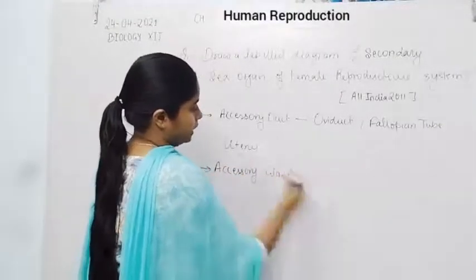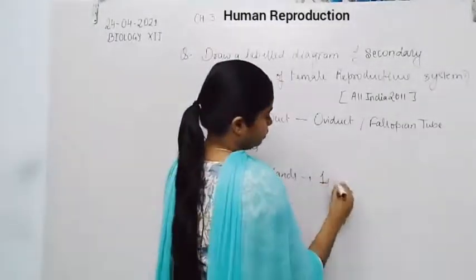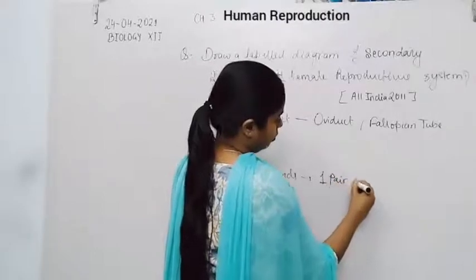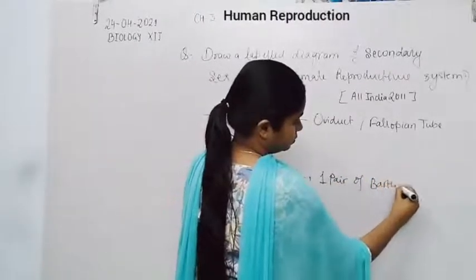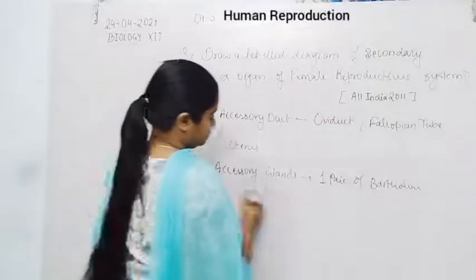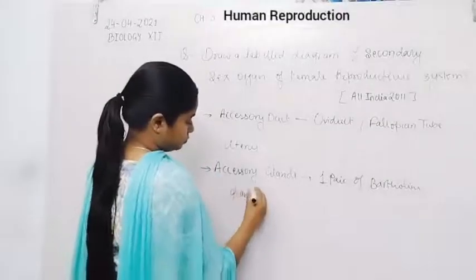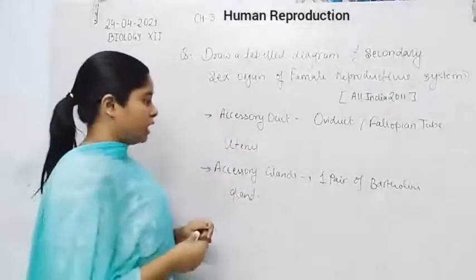Now second is the accessory glands. Only one pair of Bartholin glands. So these are the accessory duct and accessory gland.